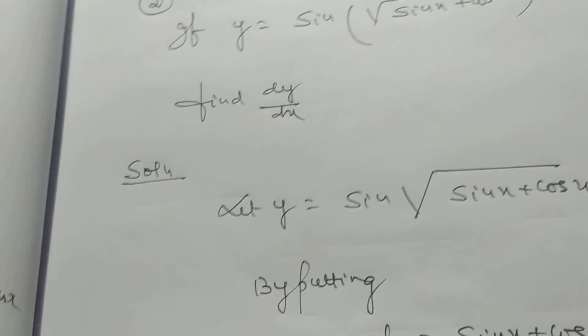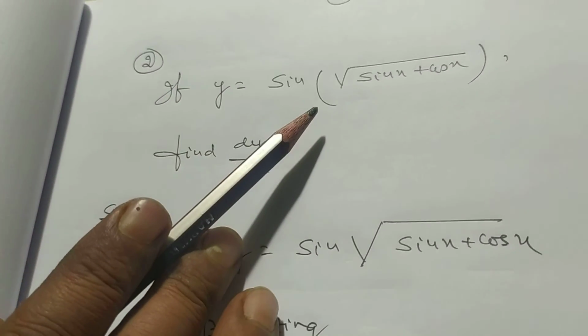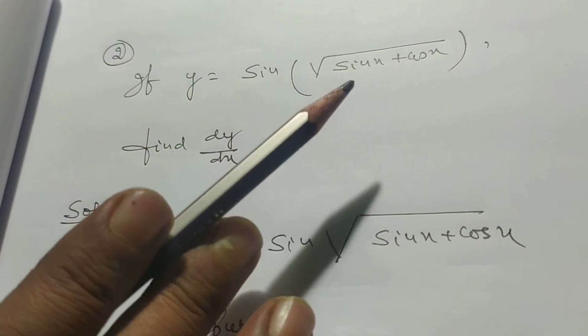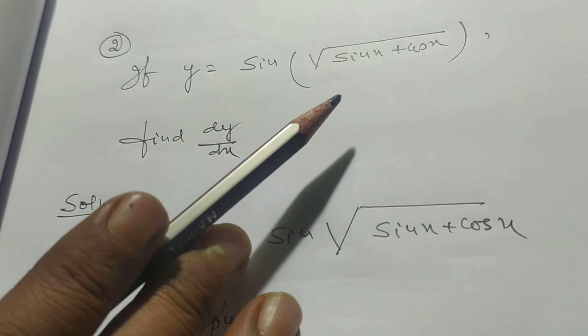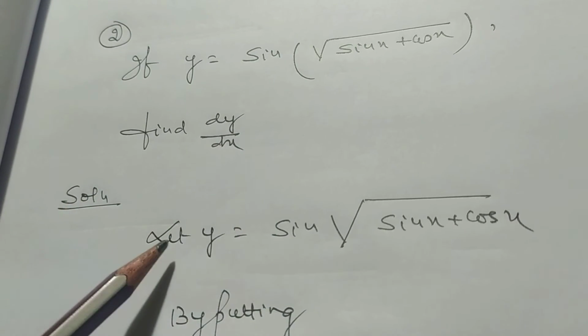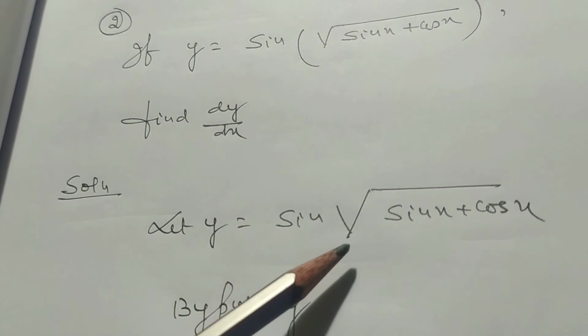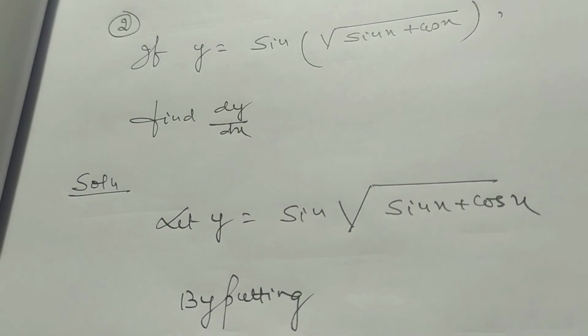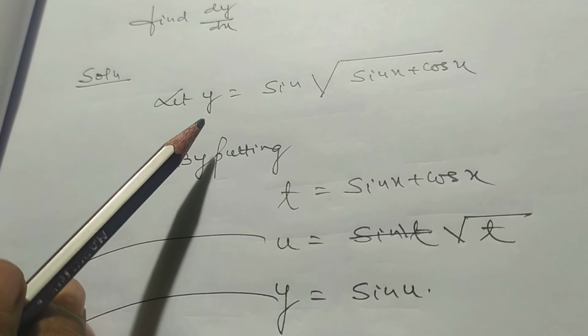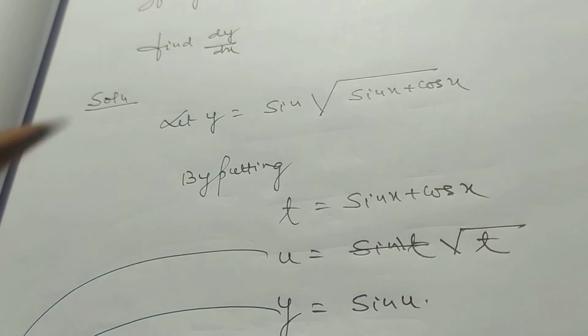Now we want to solve: if y is equal to sine of angle root sine x plus root cos x, the angle is in the form of root of sine x plus cos x. Find dy by dx. Let y is equal to sine of root of sine x plus cos x.